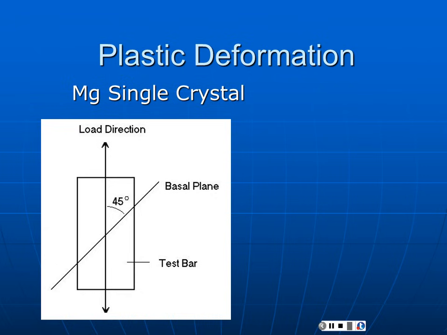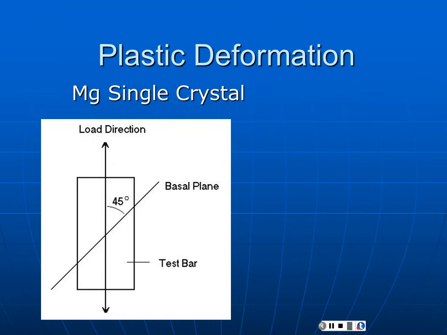Now, plastic deformation is a little different animal. To start thinking about it, let's do a thought experiment. This is a classic experiment in materials. We're going to take a magnesium single crystal. They grow the metal so it's a single crystal, no grain boundaries. Then we cut a tensile specimen out of that single crystal.